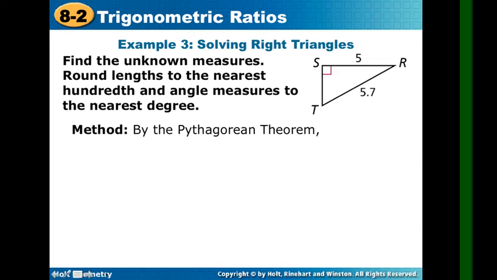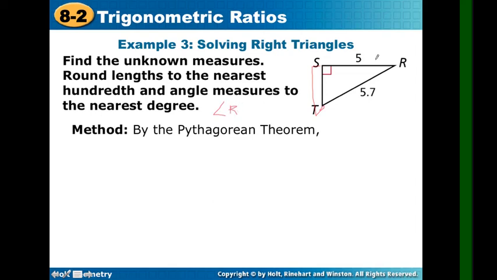So, dalawang hinahanap natin dito. Ang hinahanap natin is yung measurement daw ng isang side. And sabi is hanapin daw yung angle measures to the nearest degree, pero wala siyang angle na sinasabi. Let's say angle R ang hinahanap natin.